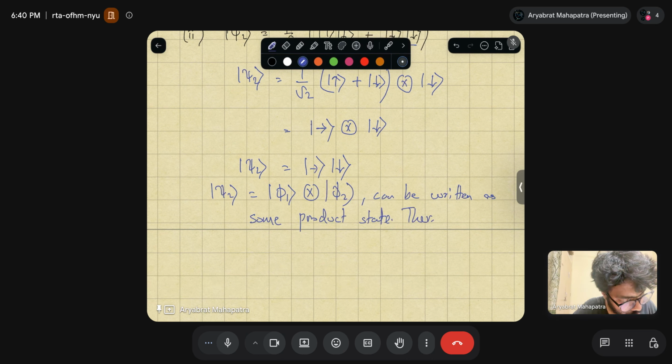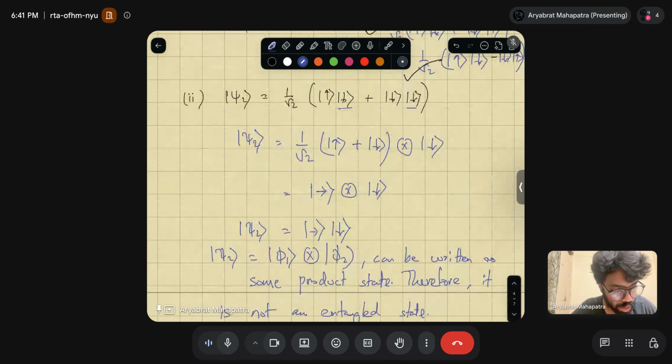Therefore, it is not an entangled state. So, did you get the point here in this representation? Yes, sir. Okay.